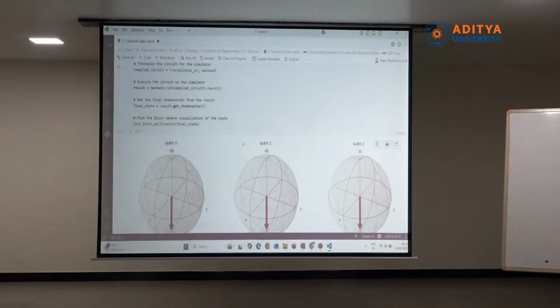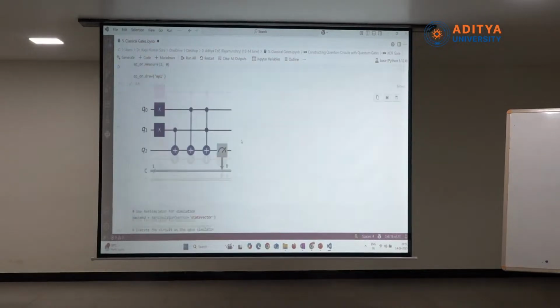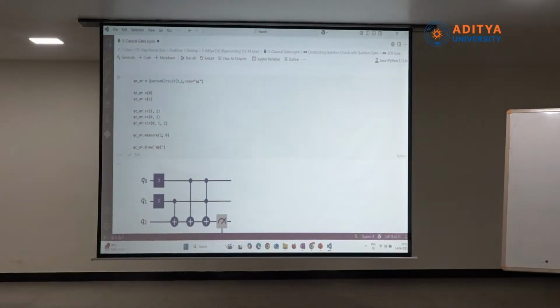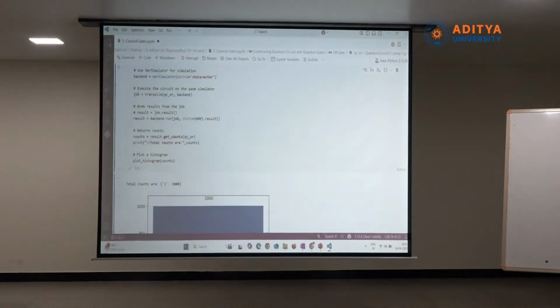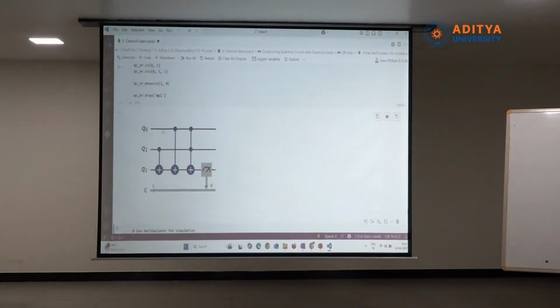Now let's check for the other input setting. Suppose we skip the inputs. So this is the default circuit we discussed, where both are initialized to 0. So for 0 0 the output of the OR gate should be 0.